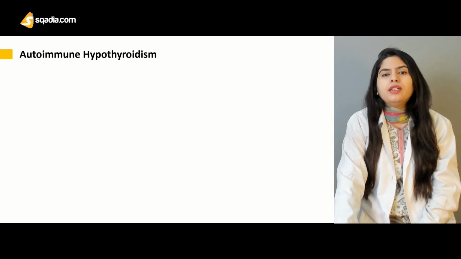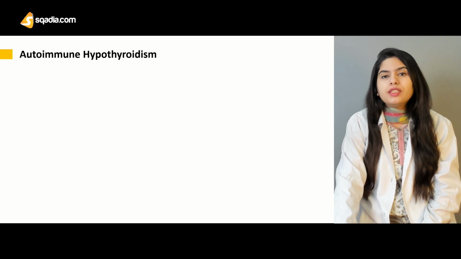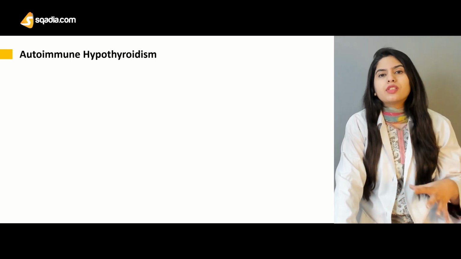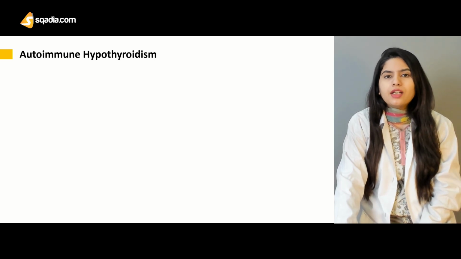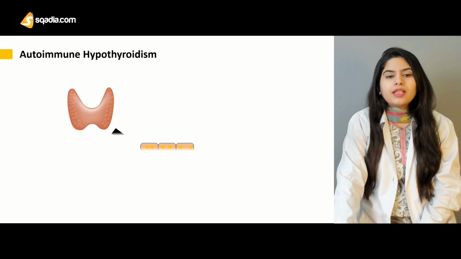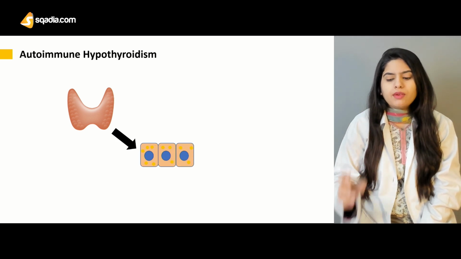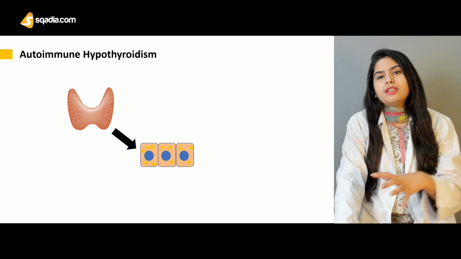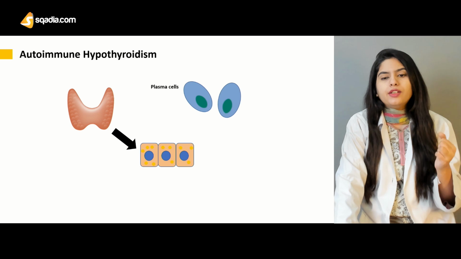Now the next one is autoimmune hypothyroidism. As the name indicates, our immune system is the culprit that is causing the hypothyroidism. Now let's see how. The thyroid gland basically consists of thyroid cells, and you are aware that the epithelial cells are responsible for production of the thyroid hormone.